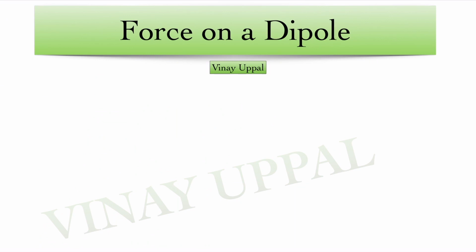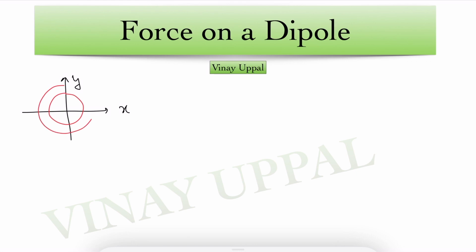This is episode number 5 from the Rare series, and today I'm going to be talking about a concept that is often not clearly understood by students. So let's say I have an XY plane and I have electric field lines in the form of circular loops.